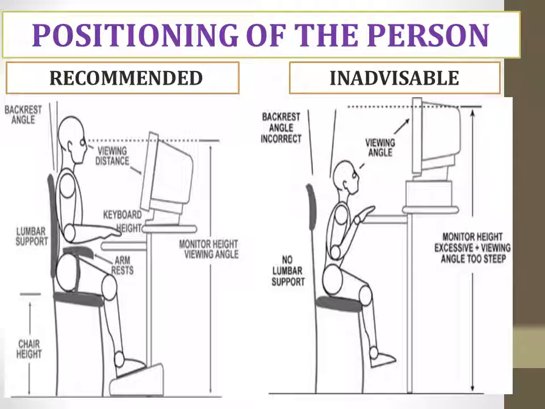So the body positioning and the positioning of the equipment are fundamental to ensuring a comfortable and healthy interaction with computers. The following recommendations can help to reduce the risk of health problems. So first, we will be sitting up straight rather than a slouch forward position.